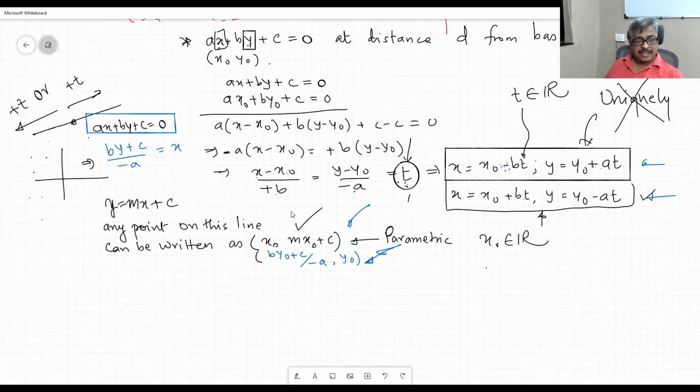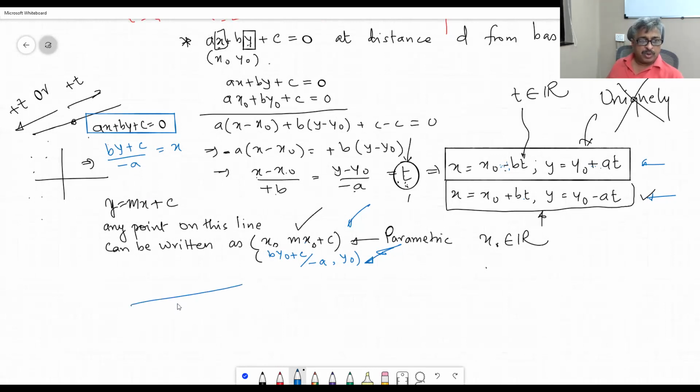But let me finish the theory here. Now, ax plus by plus c is equal to 0 was our line, and let us say these were our parameters. So the base point is x naught comma y naught, and any other point on the line is x naught plus bt comma y naught minus at. So what is the distance between them?